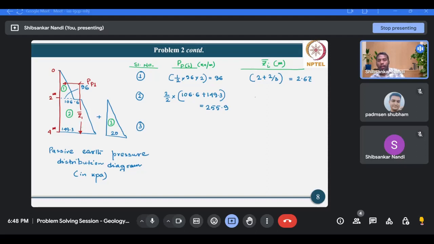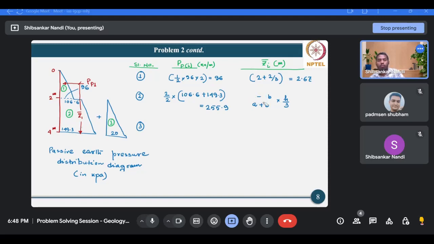So it's 255.9. And what about the CG? So the CG will be basically at a distance of (a plus 2b) divided by (a plus b) into h/3. So suppose this is your side A, this is your side B, and this is H. Okay, so this is the formula for calculating the CG for a trapezium.